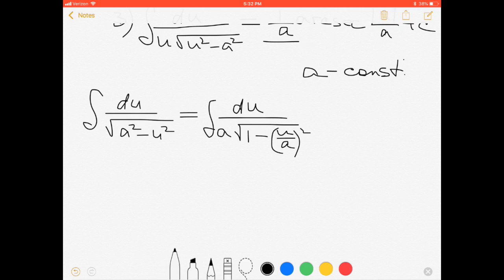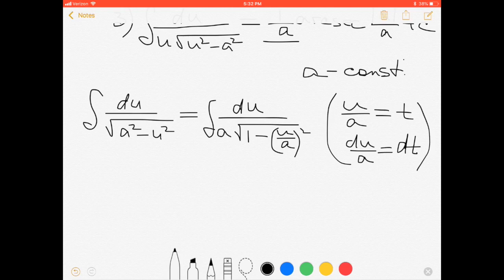Great. Here I'm trying to integrate using the substitution t equals u over a, so dt equals du over a. Using this fact, I can rewrite my integral as dt over the square root of 1 minus t squared.